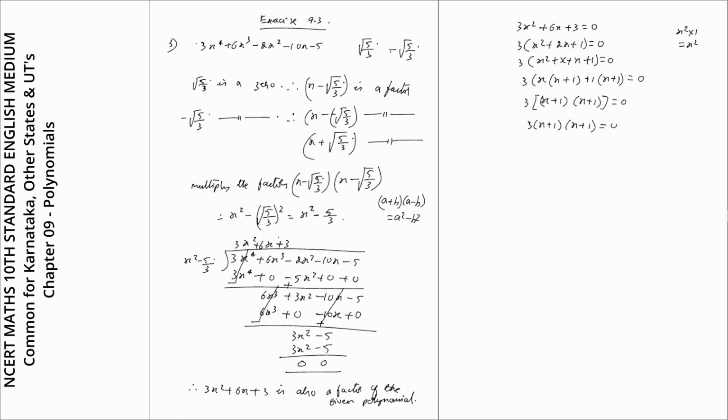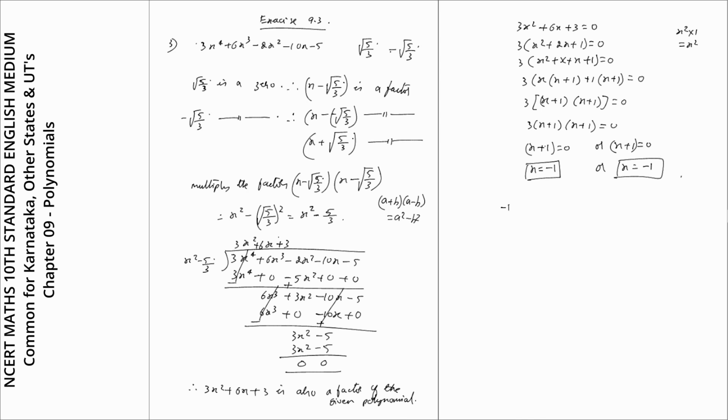So therefore the above is 0 when x plus 1 is equal to 0 or x plus 1 is equal to 0, or x is equal to, if I bring minus 1 to the right hand side, x is equal to minus 1. Here also I'll get x is equal to minus 1.